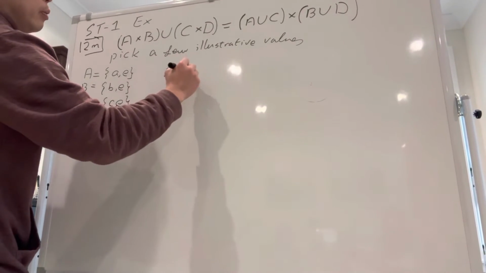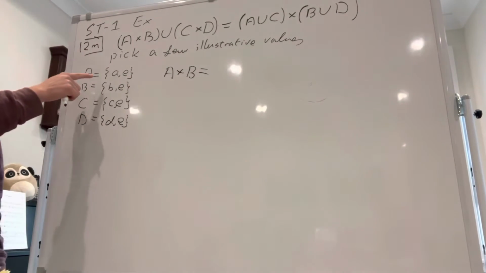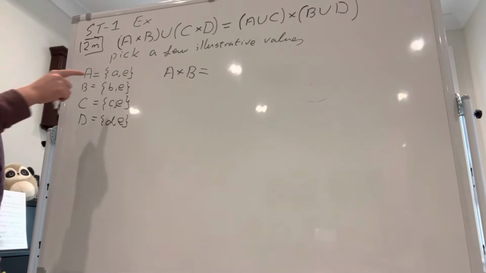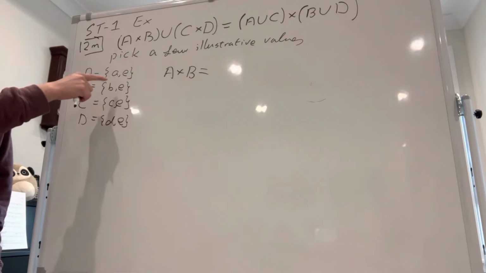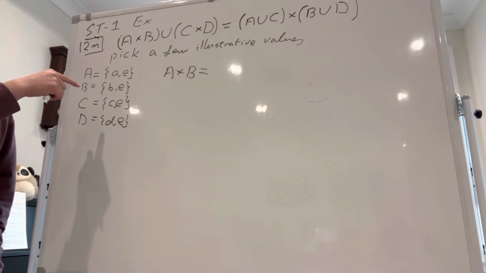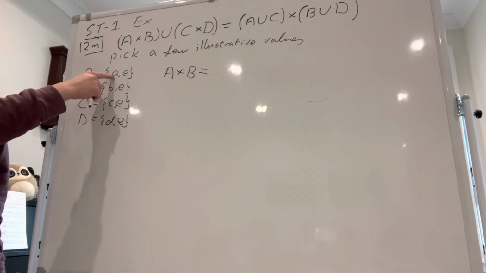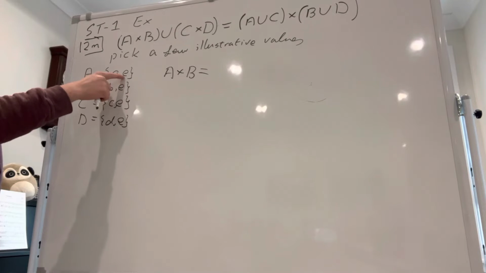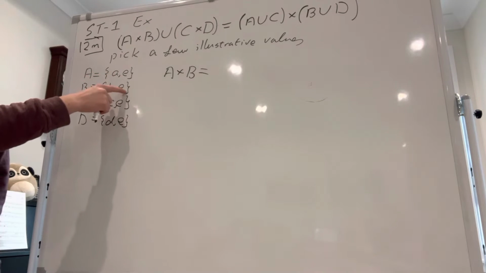So A cross B, again, thinking about the Donald, Daisy, Mickey and Duck example, is basically crossing all the possibilities. And how many are there in total? So you have AB, you have AE, you have EB, and you have EE.